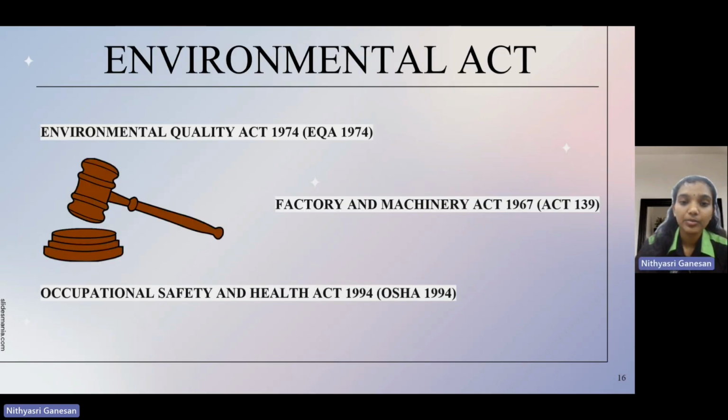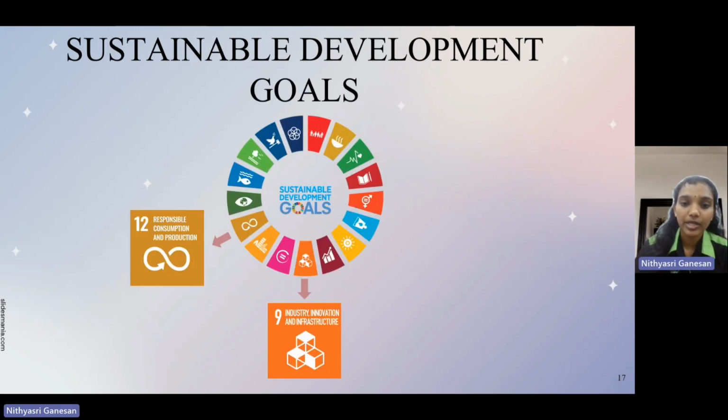Presented here are the applicable acts and regulations pertinent to our plant operations, such as the Environmental Quality Act 1974, Occupational Safety and Health Act 1994, and Factory and Machinery Act 1967. Production of ethylene glycol can be linked indirectly to a few SDGs, such as SDG 9 and 12. SDG 9 is followed where ethylene glycol production involves industrial processes and infrastructure development.